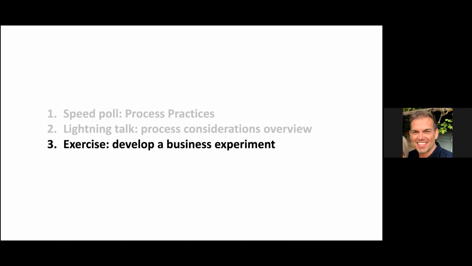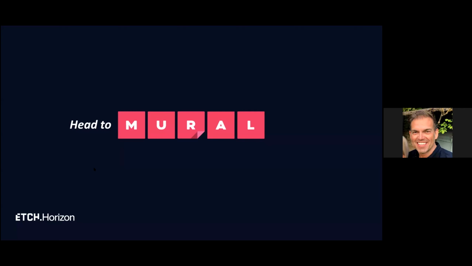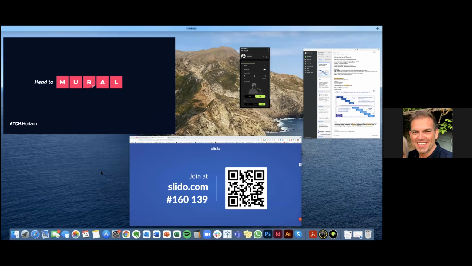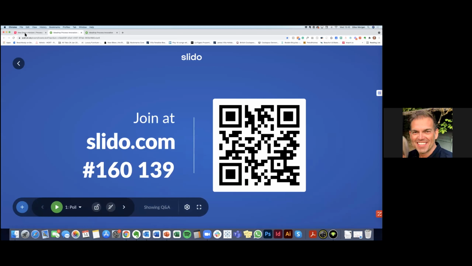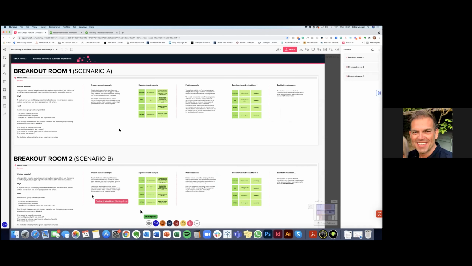So what I'm going to do now is, we've gone through this, I'm going to pass over to Anastasia. So Anastasia, if you take control. And the guys from Idea Drop are going to take you into a Mural.